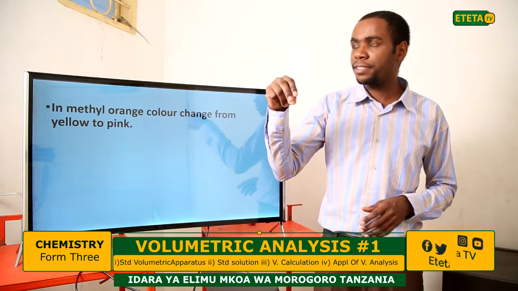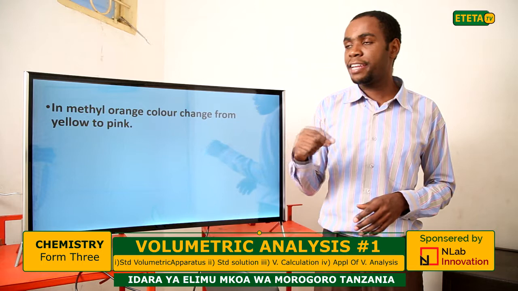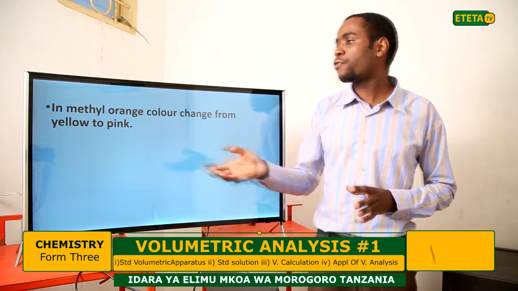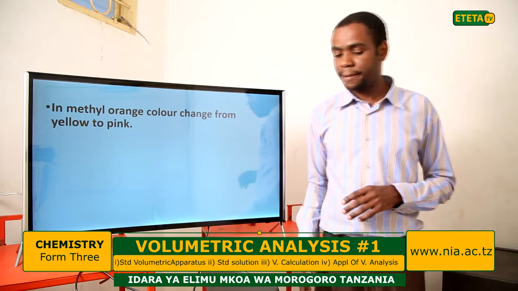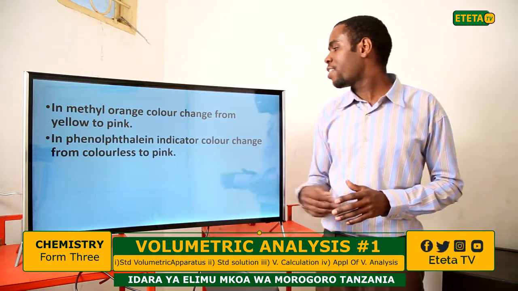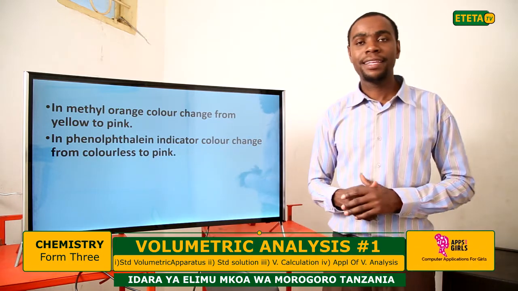Once you add it to the basic solution, it will be yellow. And once you mix it with the acid, the color will change from yellow to pink. In phenolphthalein indicator, the color changes from colorless to pink.